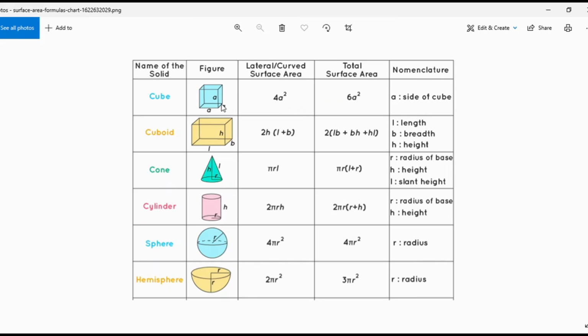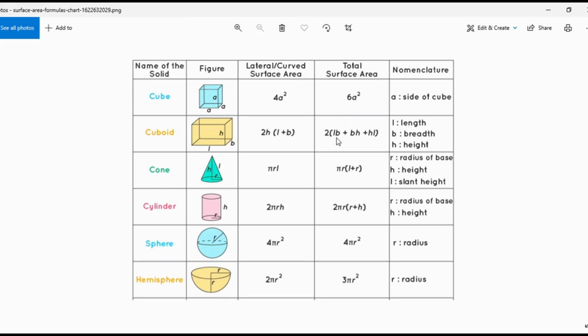For a cube, very simple, the lateral surface area is 4a square if the side length is a. The total surface area will be 6a square because the cube is made by 6 identical squares, right? Then for a cuboid, the lateral surface area will be 2h into L plus B. I don't explain, I hope you know, we studied in the 9th standard.